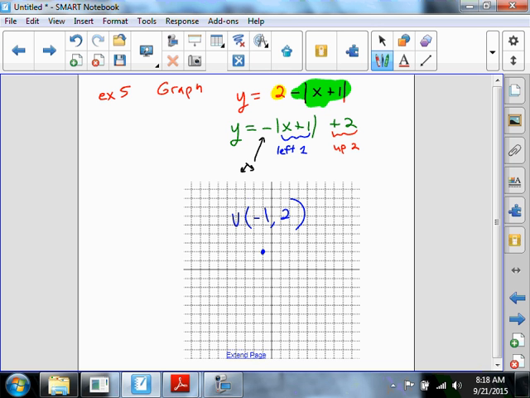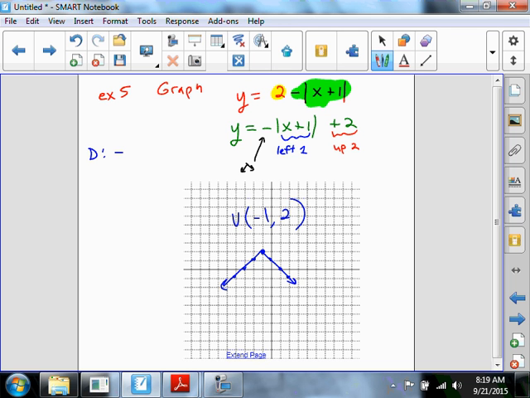Feeling all right about that so far? And then the negative tells us the graph's going to open down, so you've got to know that parent function well enough to know that from the vertex you're going to go over 1 and down 1, and then over 1 and down 1 again, and over 1 and down 1 again, and then because of symmetry you can do the same thing on the other side. And so that is what this graph's going to look like.